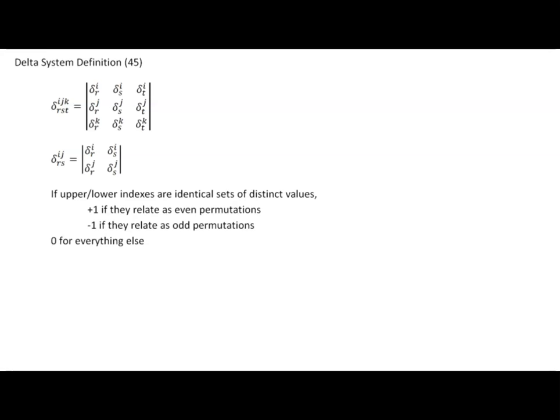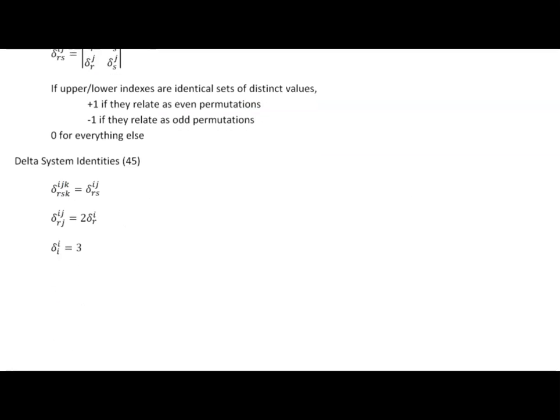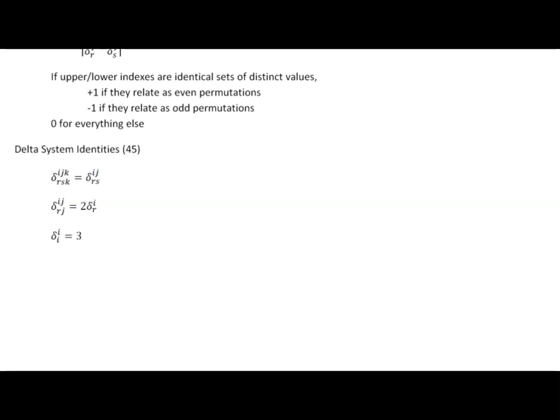Okay, with that we went on to derive a few identities. So let's look at those real quick. We were able to show that when we contract one of the indexes, like k here, with 3 indexes upper and lower, it's equal to the delta element with 2 indexes upper and lower.